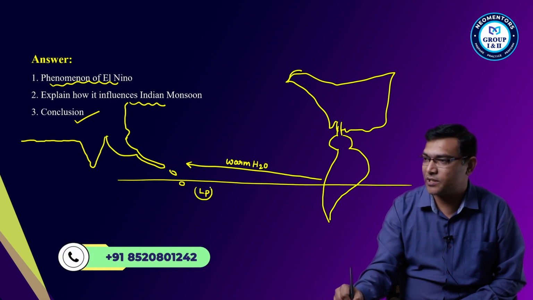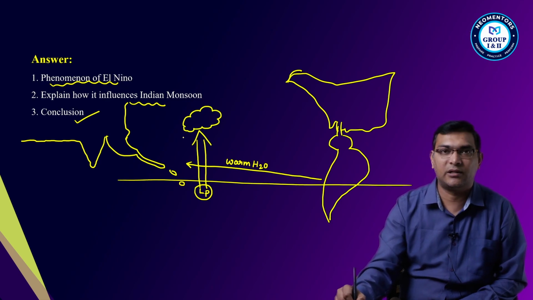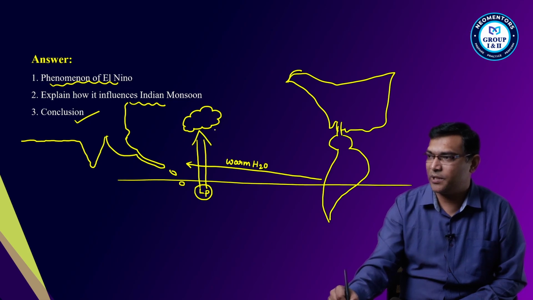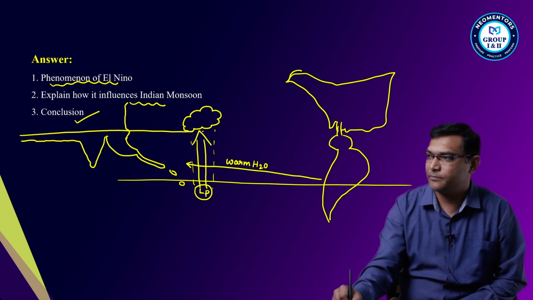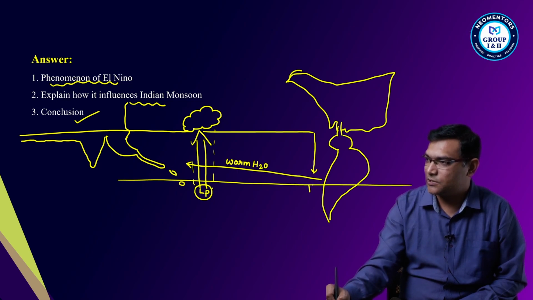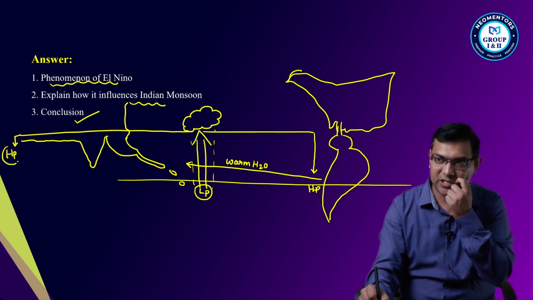As it is low pressure, a convective system will develop and air will rise. This air leads to formation of clouds, and there will be precipitation. The divergence of the air will be a high pressure system, which sinks here. At the Arabian region or African coast, high pressure is maintained.